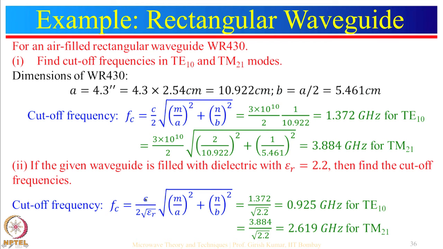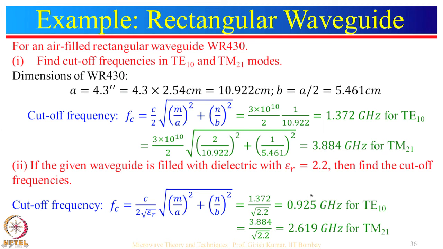We have already calculated these terms, so we only need to divide the cutoff frequencies we calculated earlier by under root of epsilon r. So 1.372 divided by under root 2.2 will be the cutoff frequency for TE10 mode, which comes out to be 0.925 gigahertz. Similarly, for TM21 mode, it will be 3.884 divided by under root 2.2, which comes out to be 2.619 gigahertz.